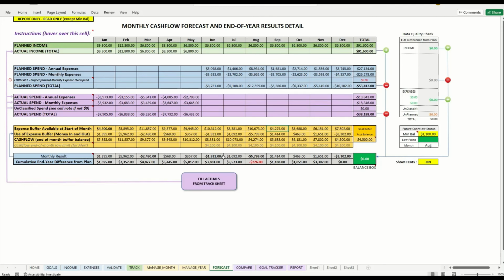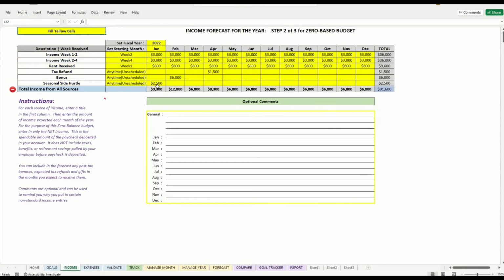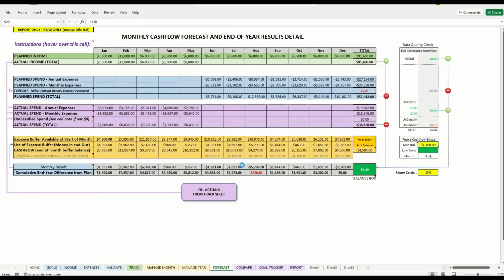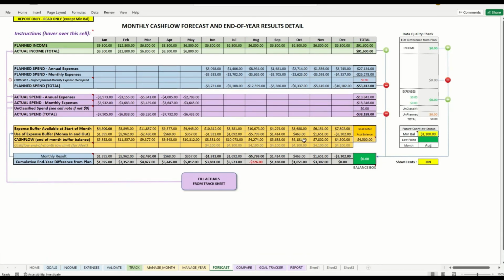But the important part on cash flow is that it's not enough just to have the money. It's to make sure that you spend the money in the right order so that you don't get yourself into a cash flow negative situation. So again, these are all optional tools that you can use. You don't have to put a minimum balance in here. You don't have to set any of these to week 4. The minute you set something to week 4, it will make that part of your cash flow minimum, so it can flag you to alert you.